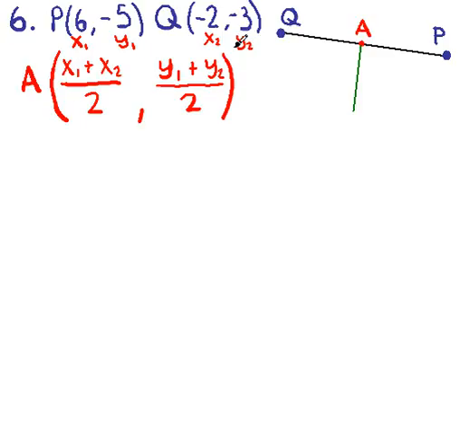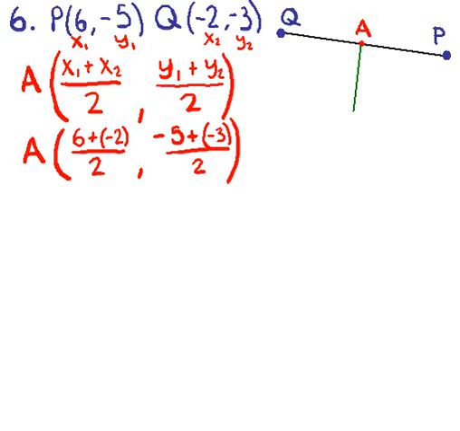Substituting these numbers into our midpoint formula, we get (6 plus minus 2) over 2, and (minus 5 plus minus 3) over 2. If we simplify, 6 add minus 2 is the same as 6 minus 2, which is 4 over 2.